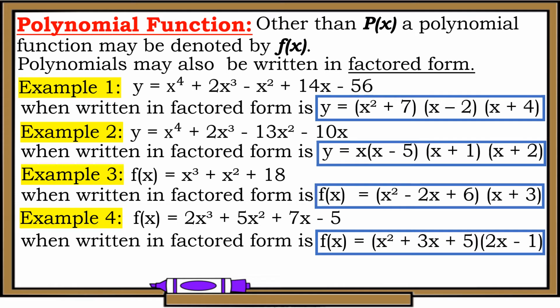Ito yung sinasabi ko na polynomials can also be written in factored form. In order to write a polynomial in standard form, always look at the degree of each term, then write each term in order of degree from highest to lowest. Ayusin natin yung exponent niya in decreasing order.